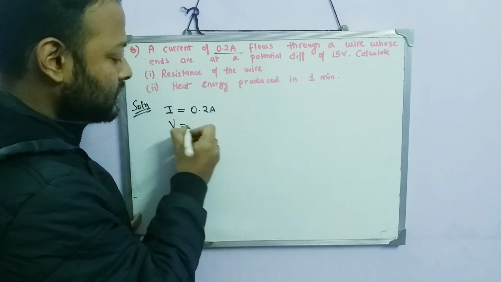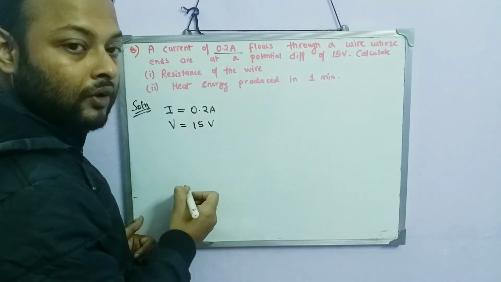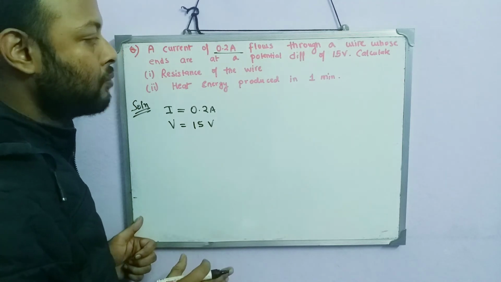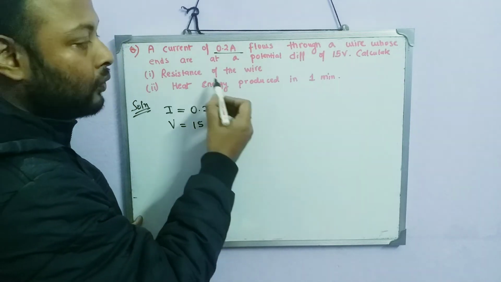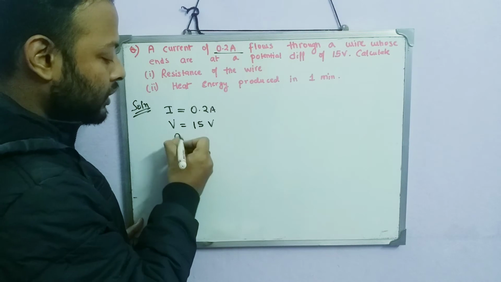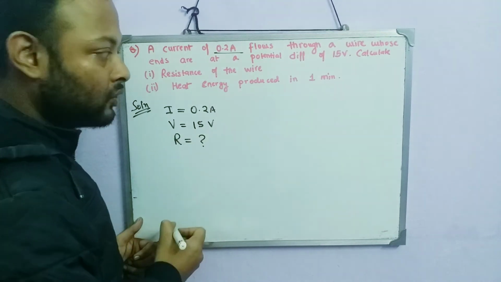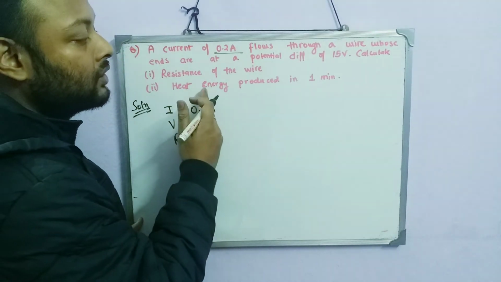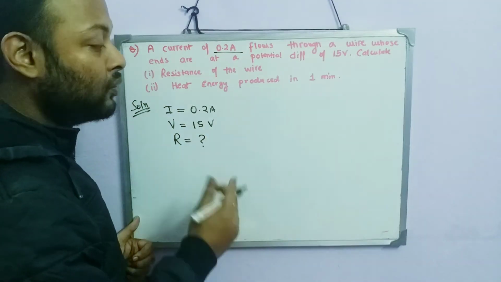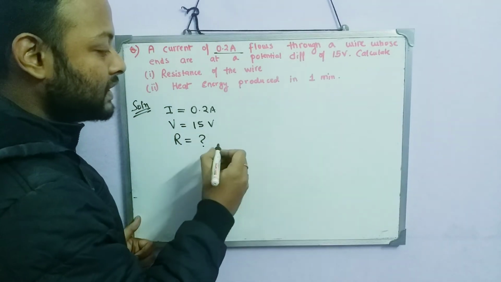So I can say V is equal to 15 volt. I am asked to calculate the resistance of the wire, and also the heat energy produced in 1 minute. So also time is given.